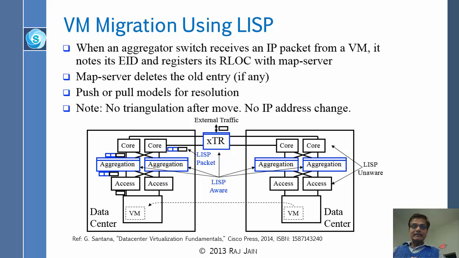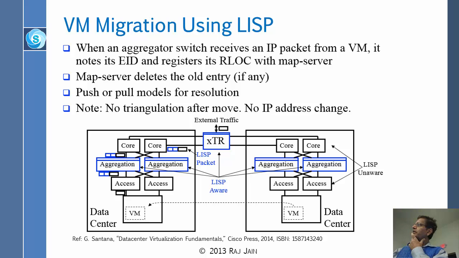Okay, anyway, let's assume that we understand this part, that in a data center you could have aggregation switches which could act as your egress and ingress routers, and this router you need because if the external traffic is coming, that has to be encapsulated so that these guys can decapsulate it.